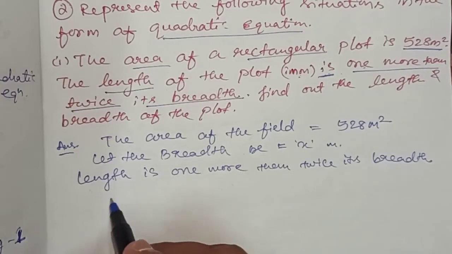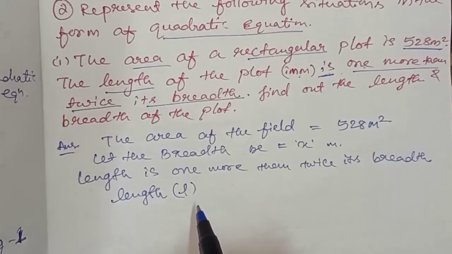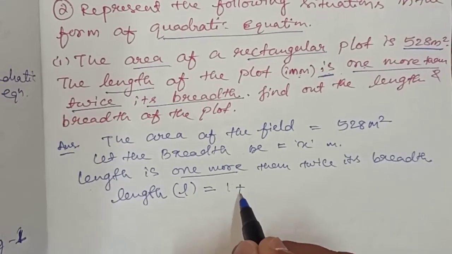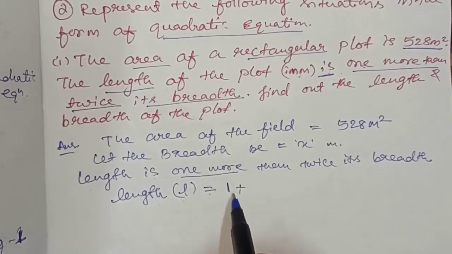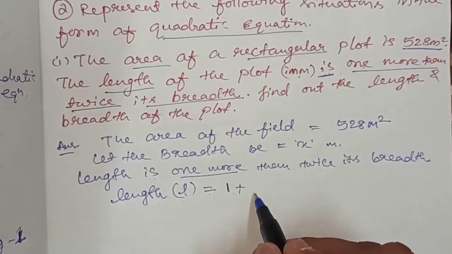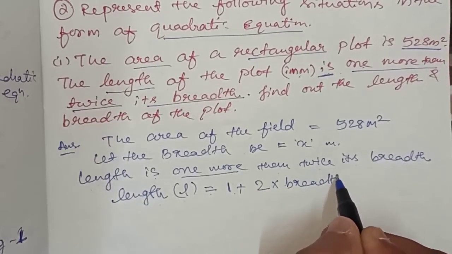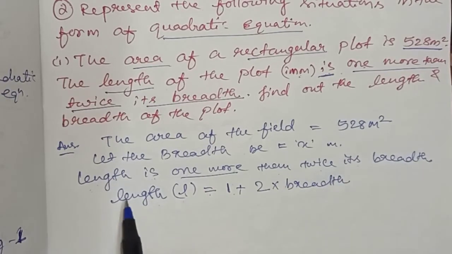I will take length as L. L is, means equals to, one more means 1 plus, then twice its breadth, twice means 2 into breadth. Look at the question, length is one more than twice its breadth.